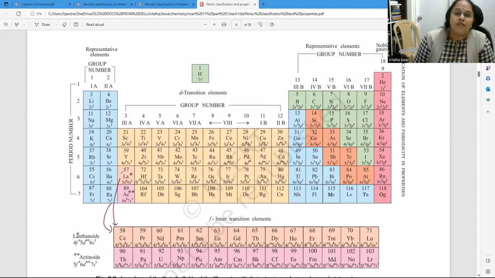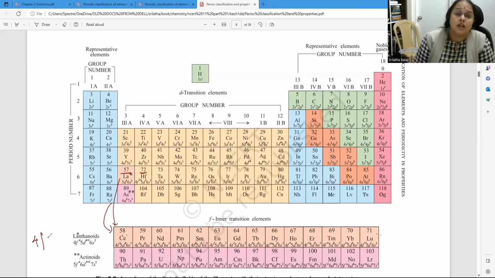After 57, elements 58 to 71 are separately placed, and 72 onwards it merges with the 6th period. So elements 58 to 71 are known as lanthanoids.